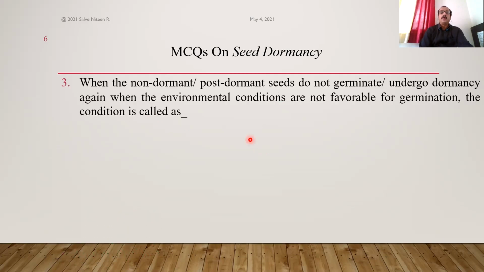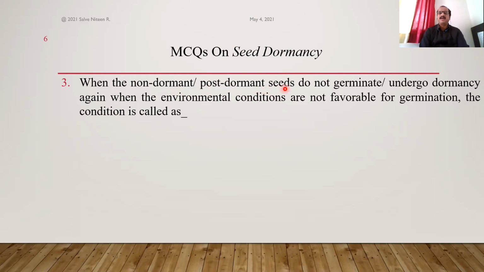Non-dormant seeds means those seeds which start their germination immediately after getting water. They imbibe water, there is emergence of the radicle, and seed germination starts without any dormancy period. Such seeds are called non-dormant seeds. Whereas post-dormant seeds means those seeds which have started their germination by imbibition, they have absorbed much moisture and have started germination.